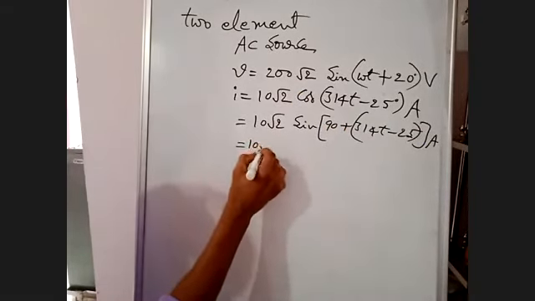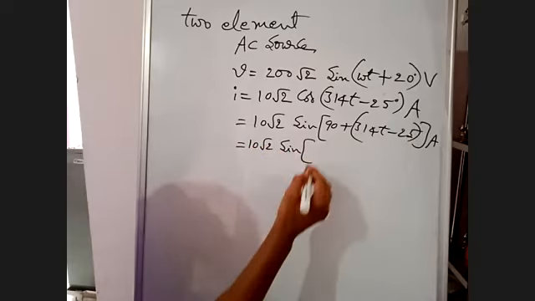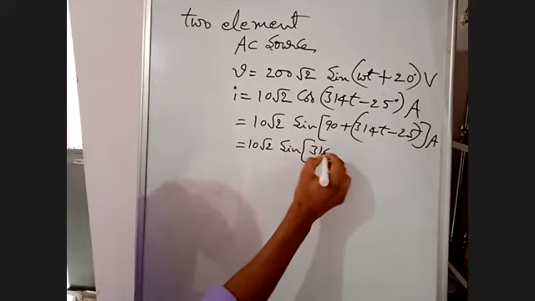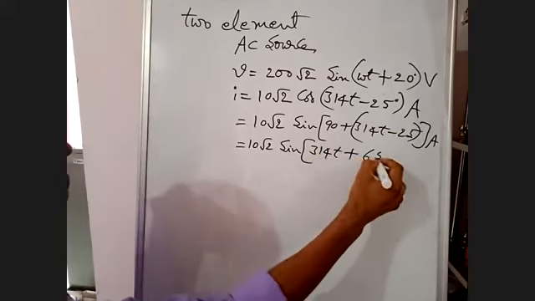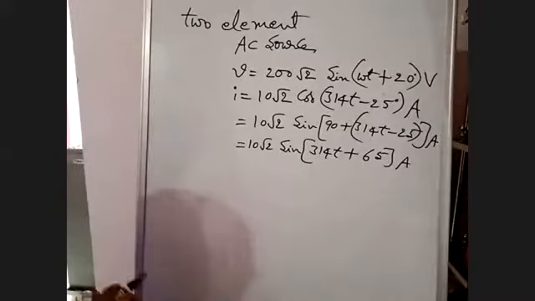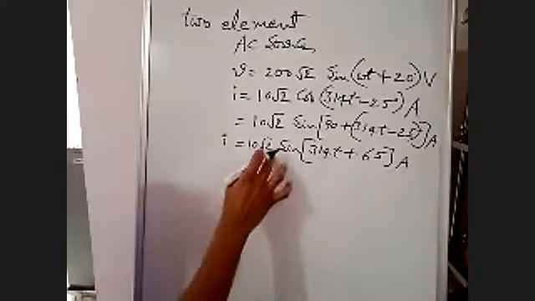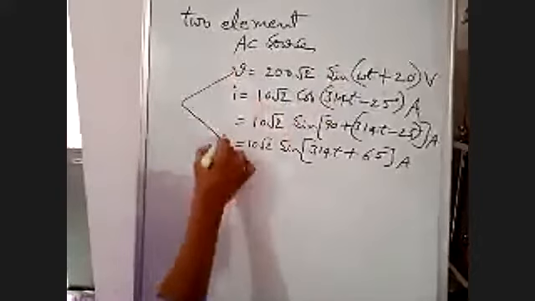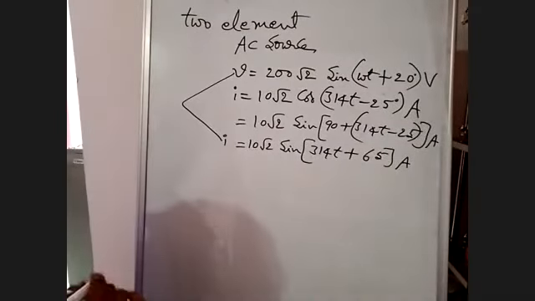This will be 10 root 2. What is 90 minus 25? 65. Okay, now both are in sine. Voltage in sine, current is also in sine.